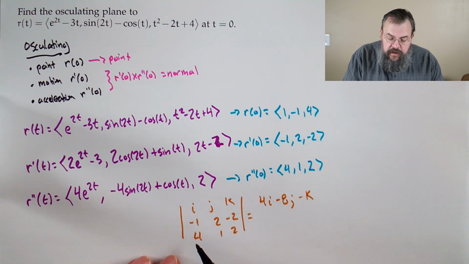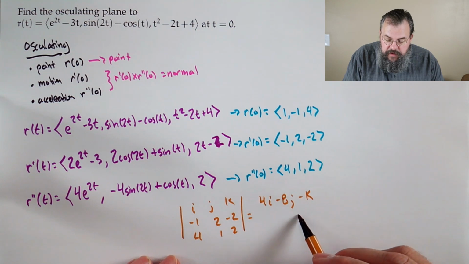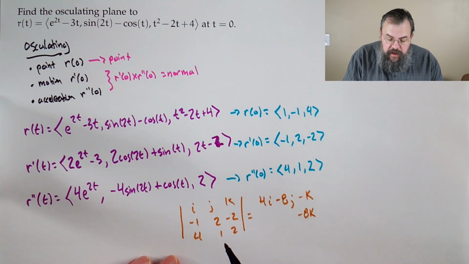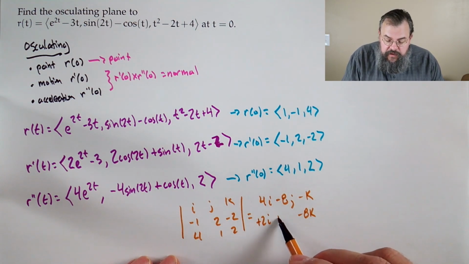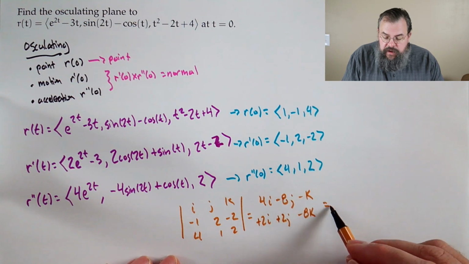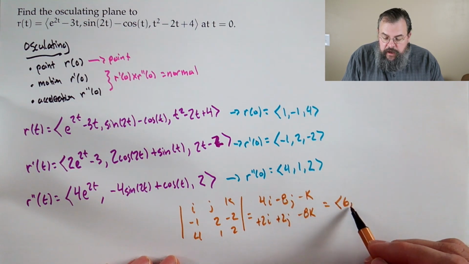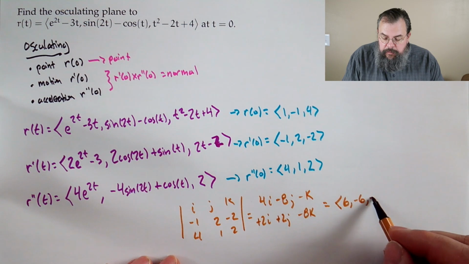Go the other direction. 4 and 2 and k, that's 8k, but we subtract, so minus 8k. Then 1 minus 2 times i, that's minus 2i, but we're subtracting, so it really becomes a plus 2i. And then 2 minus 1j, that's minus 2j, but we're subtracting, so it really becomes a plus 2j, which makes this 6, comma, minus 6, comma, minus 9.